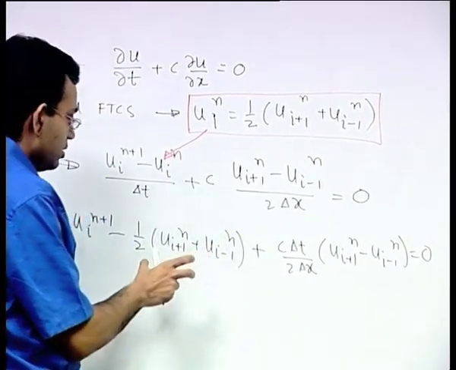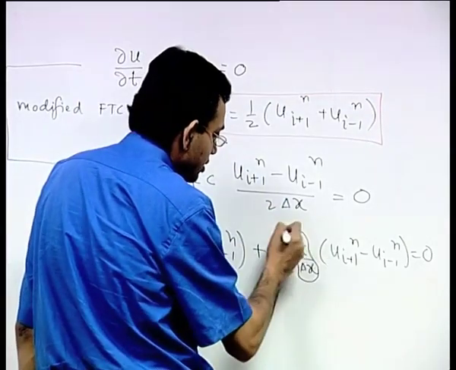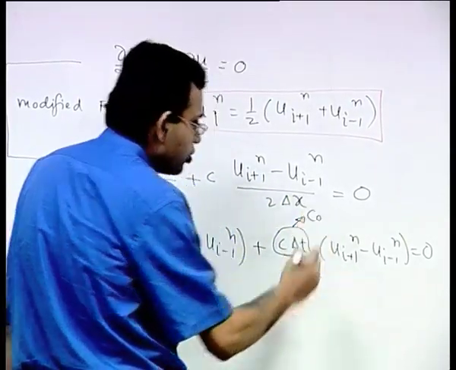Now, c delta t by delta x we define as the Courant number.